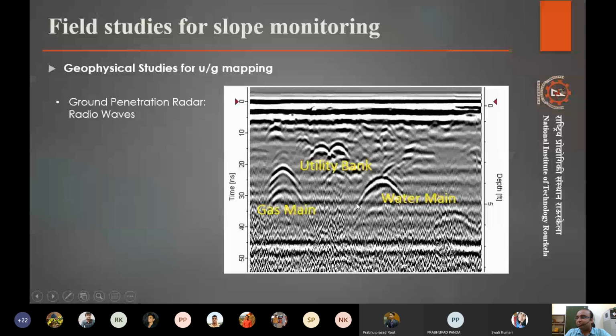The material will be somewhere on the head of the umbrella, where the hyperbola starts, there will be the main source or the object creating this reflection. So it is a very useful study when we want to find existing hard structures like pipelines and all.